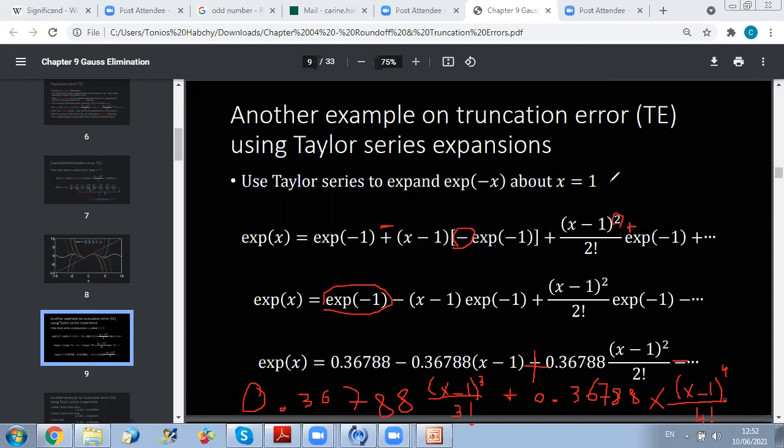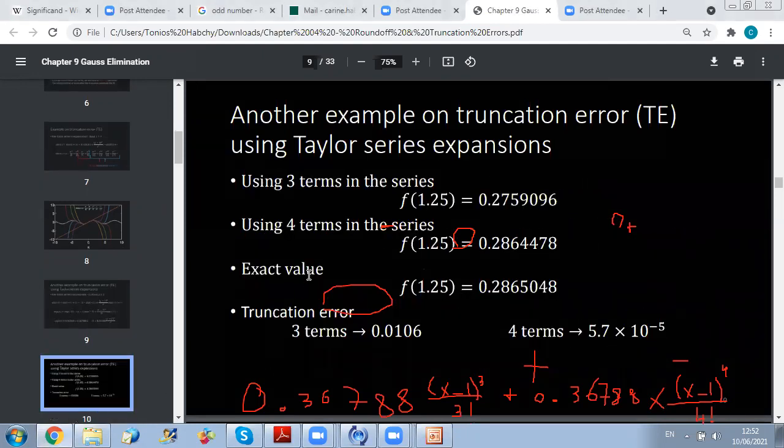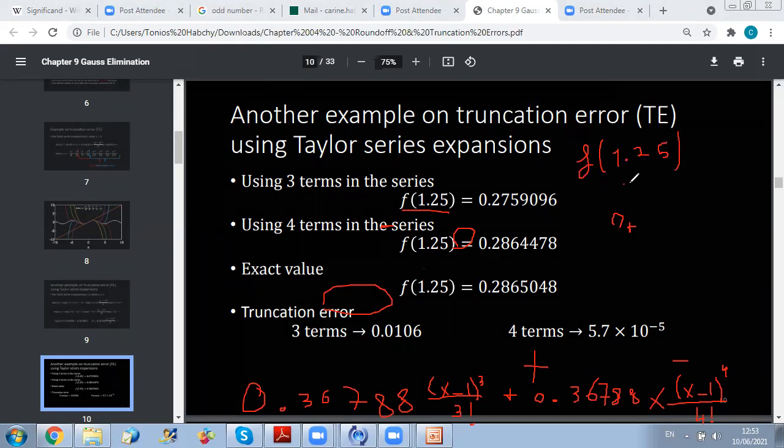So now, if we consider the error induced, we want to compute around 1. So we can take, for example, 1.25. If you want to compute what is f of 1.25, the exact value, we can calculate it, because we know that f of 1.25 is equal to exponential of minus 1.25.